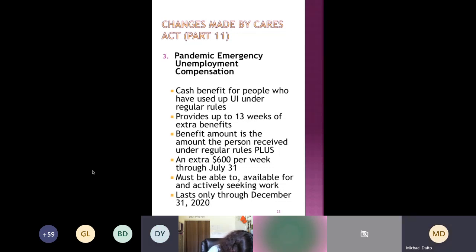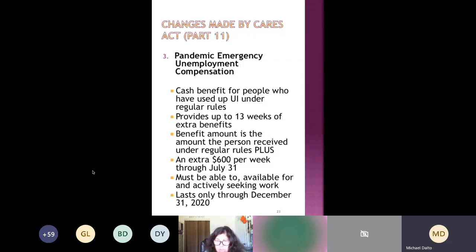Well, Rachel, I think we need to know more details about the reason the person was terminated. Of course, under the regular UI rules, if they were terminated for good reason due to gross misconduct, then they would generally not be eligible for regular UI benefits.